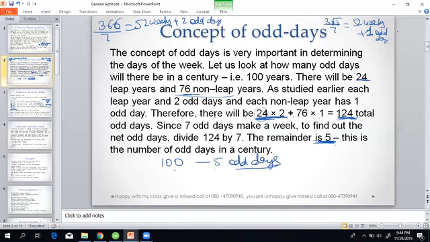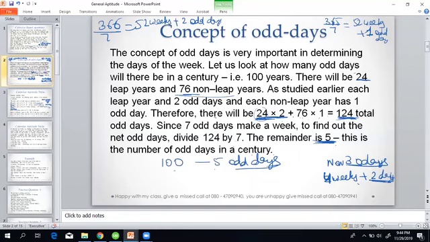Odd days means the total weeks are completed and then the next days remain. Like in the month of November, there are 30 days. 30 days means 4 weeks plus 2 days. 4 weeks means 28 days plus 2 days more.